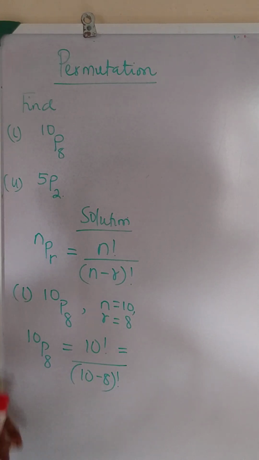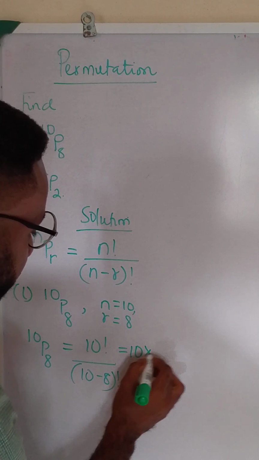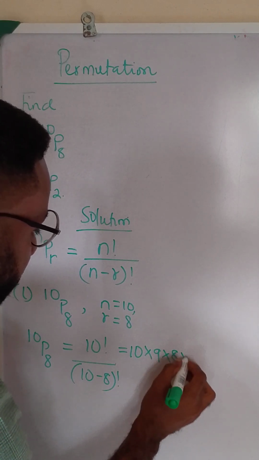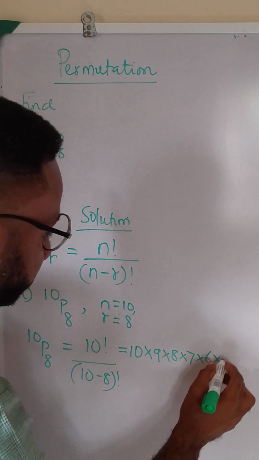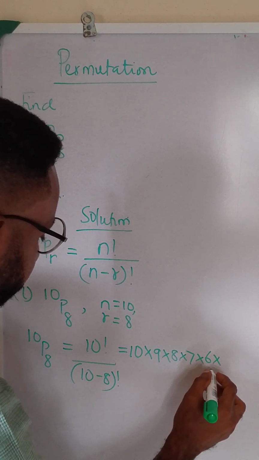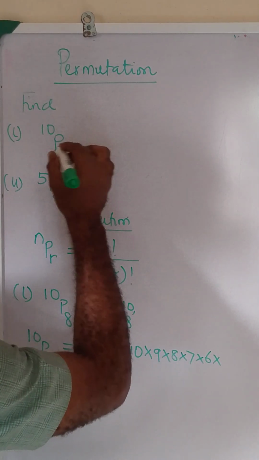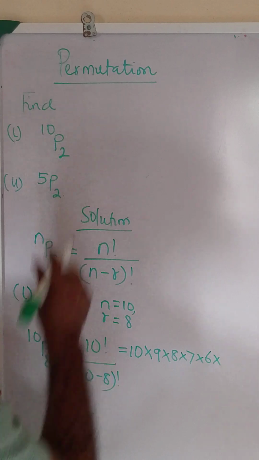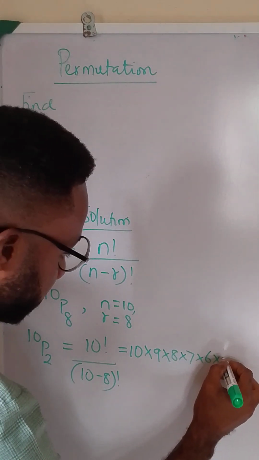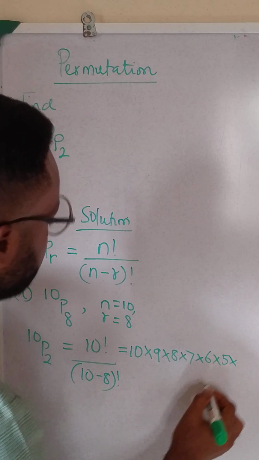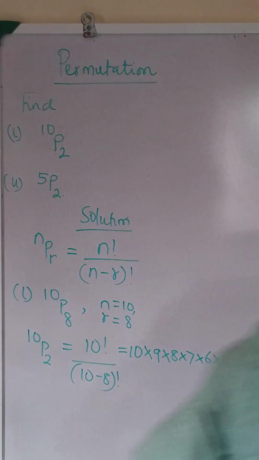So this is how to express 10 factorial. 10 factorial is the same thing as 10 times 9 times 8 times 7 times 6. Okay, let's use 2 to make it easy for us: 10 permutation 2. Let me erase it and do it properly.